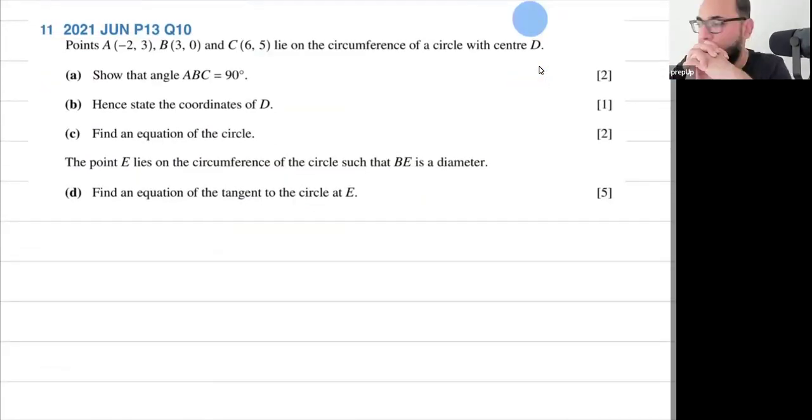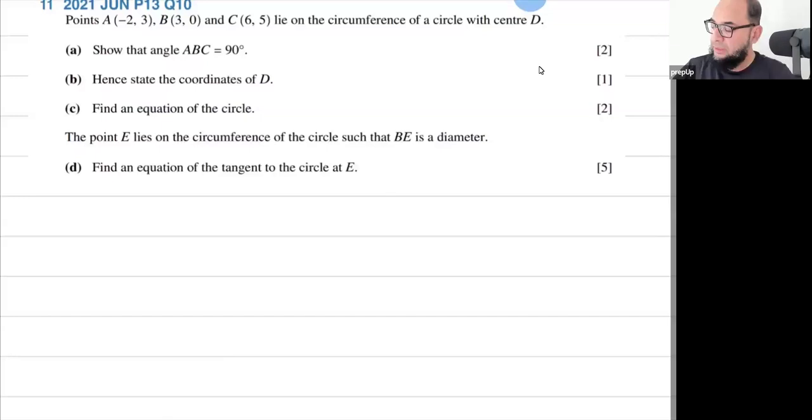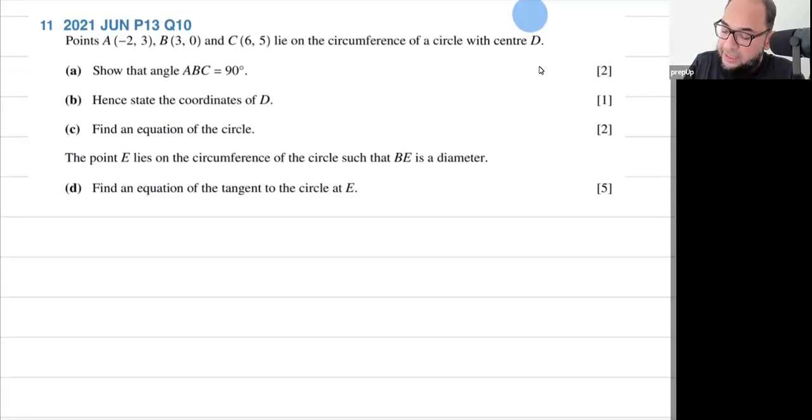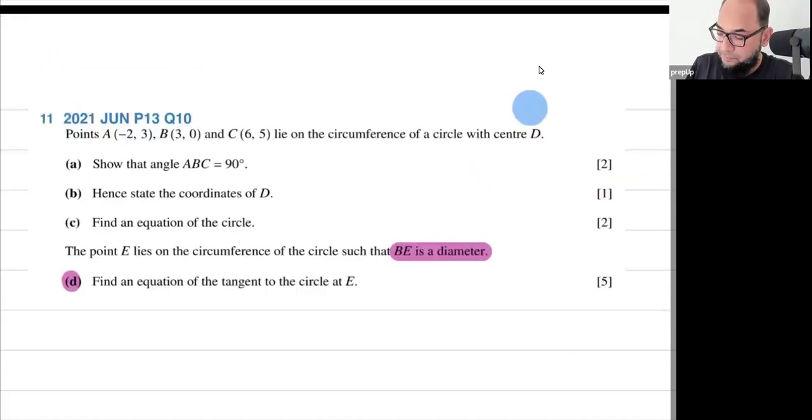Again, have a look at the last part. Okay, now the last part says the point E lies on the circumference of the circle such that BE is the diameter.